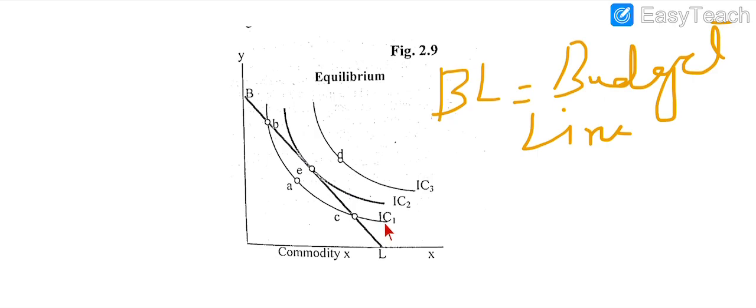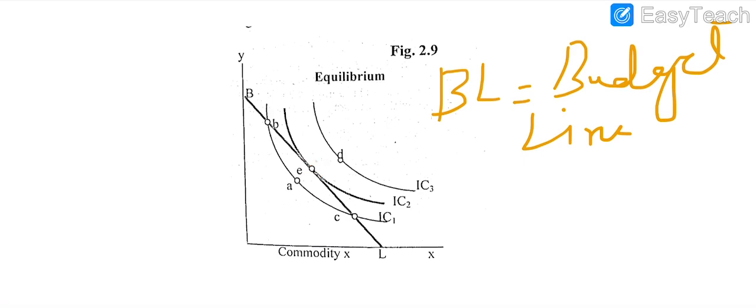IC1 provides a low level of satisfaction, IC2 a higher level, and IC3 is above IC1 and IC2, providing the highest level of satisfaction. But because consumer equilibrium lies on the budget line BL, the indifference curve which is tangent to the budget line is IC2. It means this is that point on which the consumer is in equilibrium.